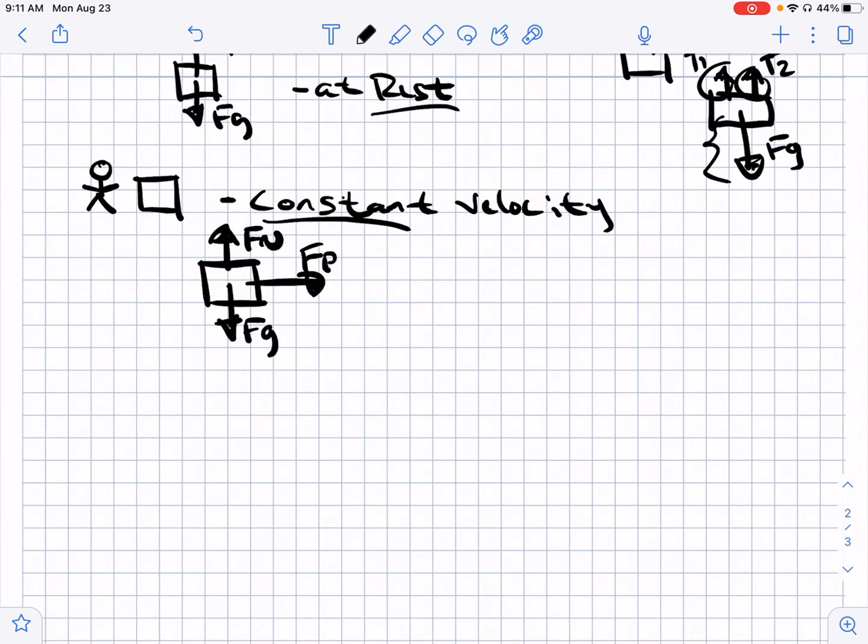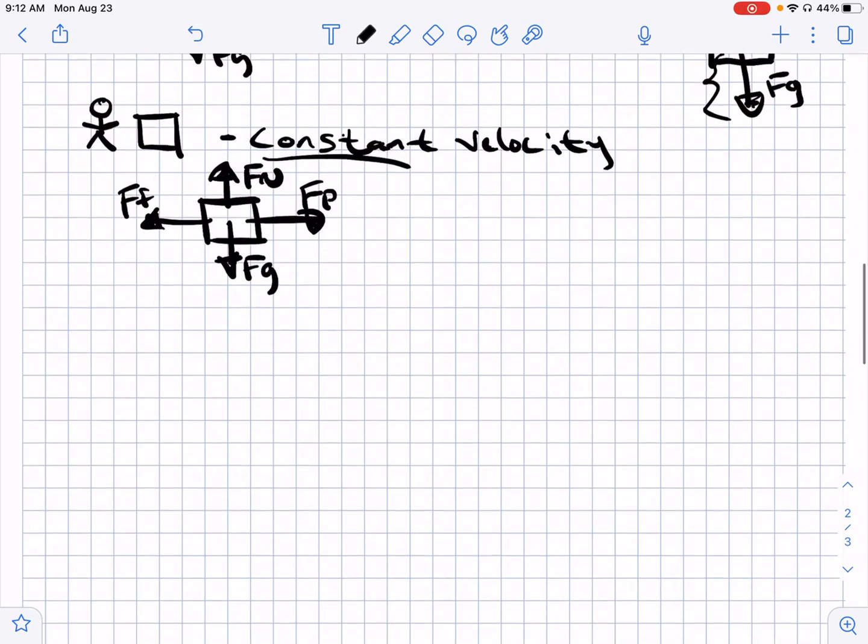Looking at that though, that's not balanced, and it's supposed to be balanced because it's constant velocity. So there's some kind of force going this direction that has to be the same length as that push force. And that force would be friction. So anytime an object is sliding across a surface, if the problem does not say frictionless, that means there is friction present.